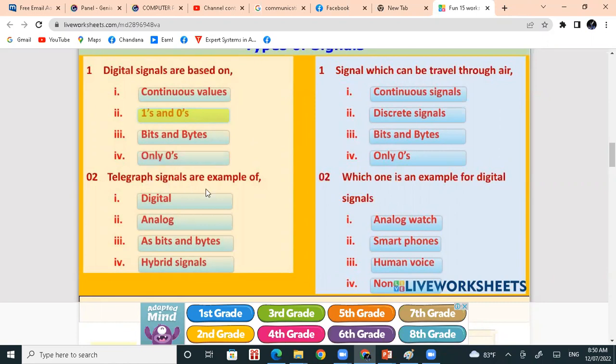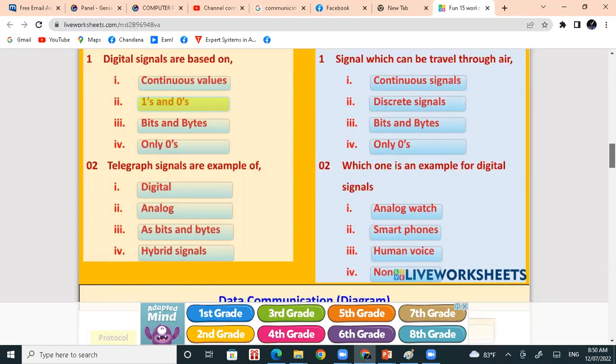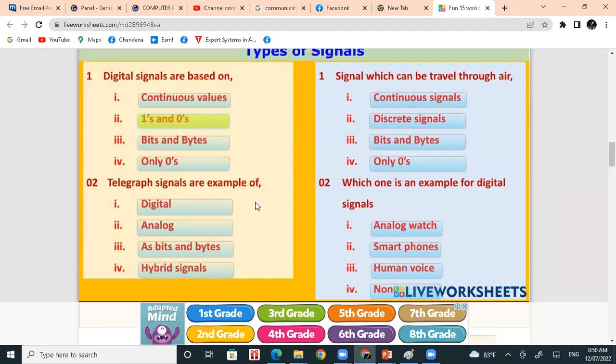Telegraph signals are an example of digital, analog, bits and bytes, hybrid signal. Telegraph, what is telegraph? Telegraph, that's the development of telegram.